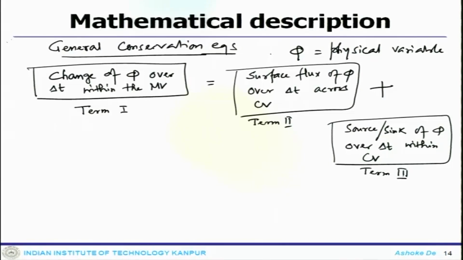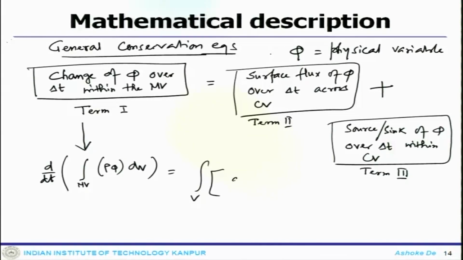So if you expand this term 1, this is nothing but d/dt of the integral over material volume of rho phi dV. So in the integral it becomes del t of rho phi plus del dot rho v phi dV. Okay.